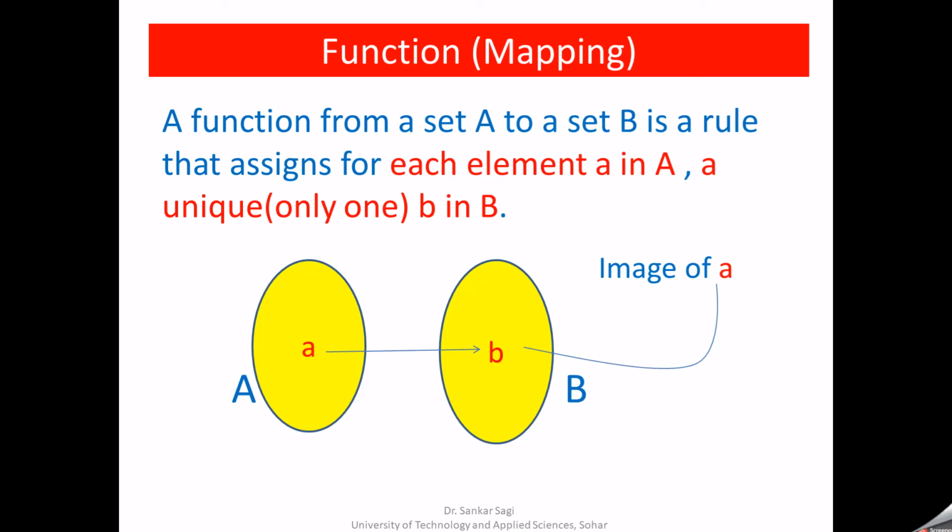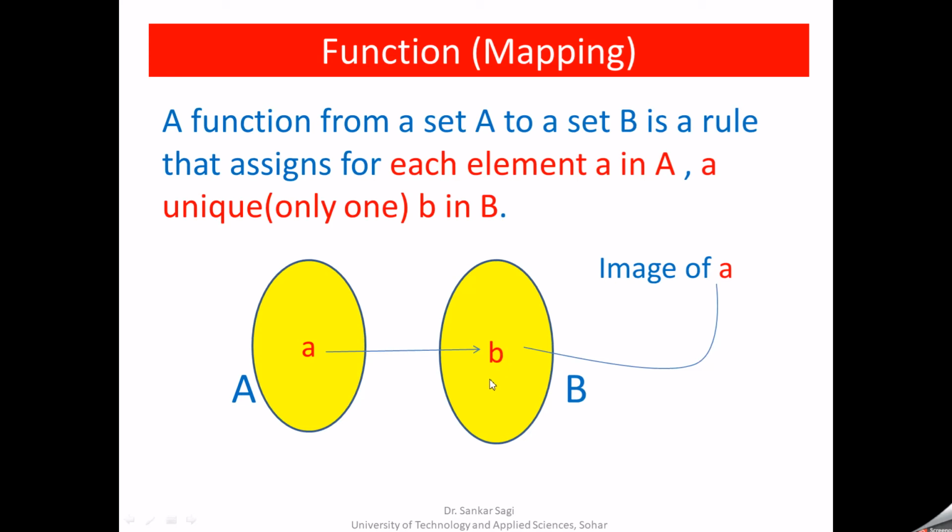To define a function, first of all, you must have two sets A and B. After having the two sets A and B, each and every element of the first set A should have one image b.